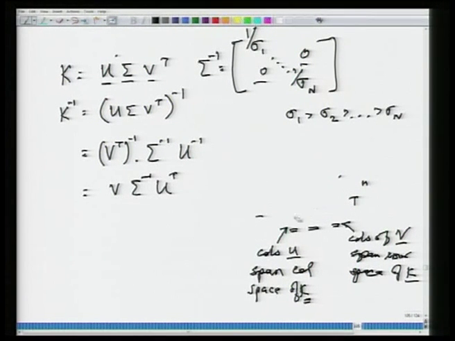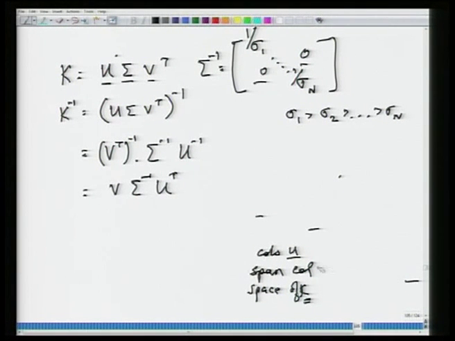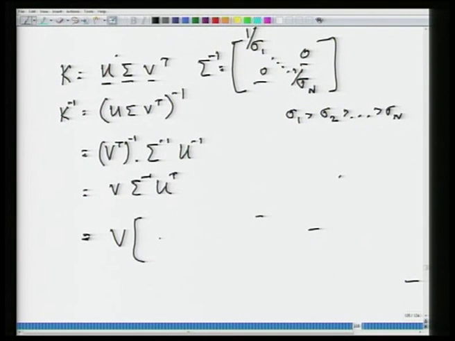Singular value decomposition gives me this. Notice this would be V times diag(1/sigma 1, and so on, 1/sigma n) times U transpose.